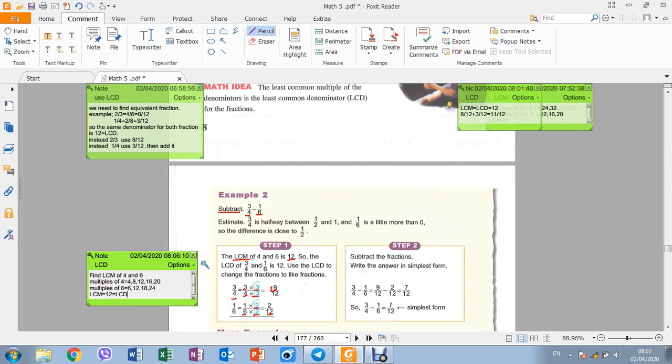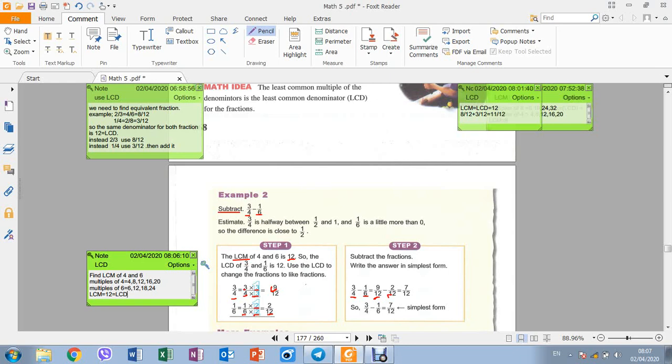Now we subtract it. Okay, second step, we subtract it. Instead of 3/4, put down 9/12. Instead of 1/6, put down 2/12. Okay, now we have the same denominator.